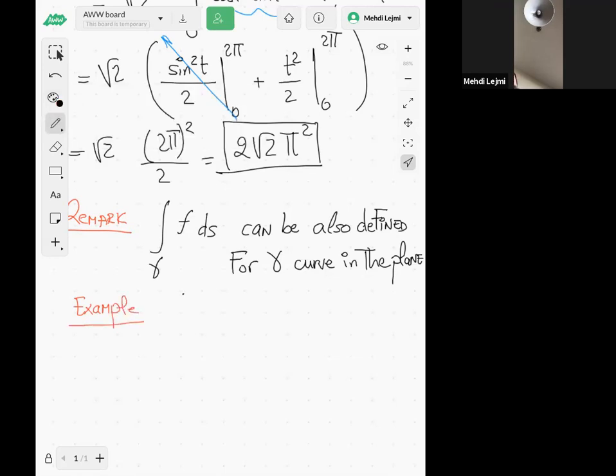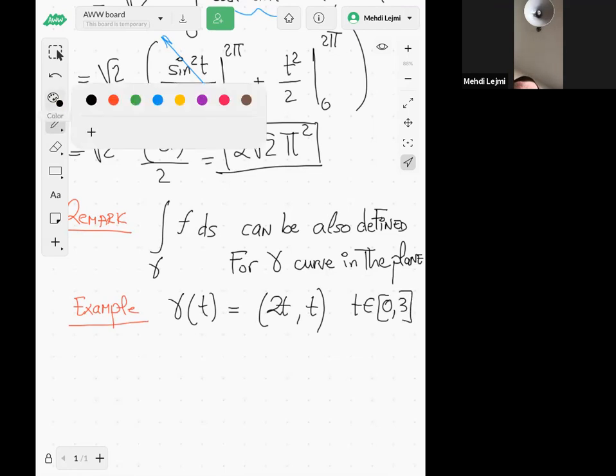Let's say gamma of t is equal to (2t, t), where t is in the interval, for example, 0 to 3. Okay, so you see in this case, your curve gamma has two components, which means it's a curve in the plane.